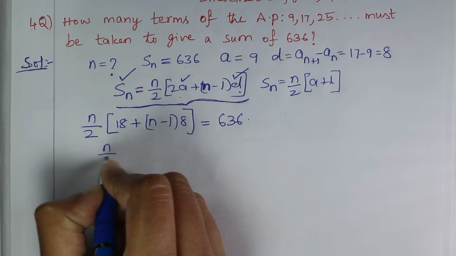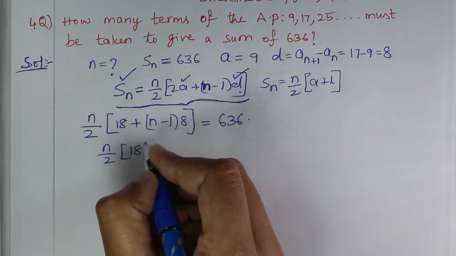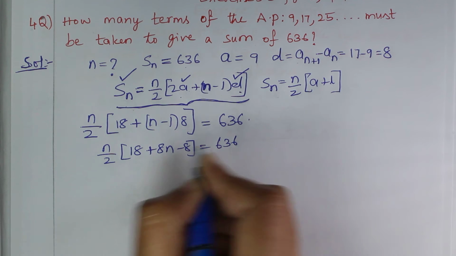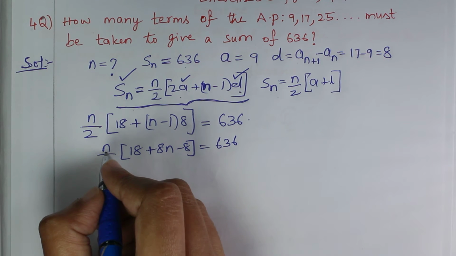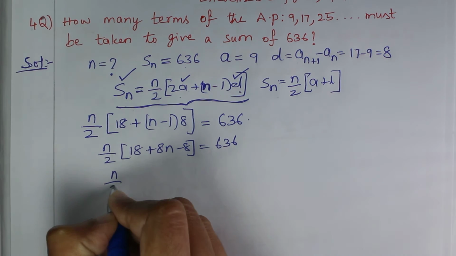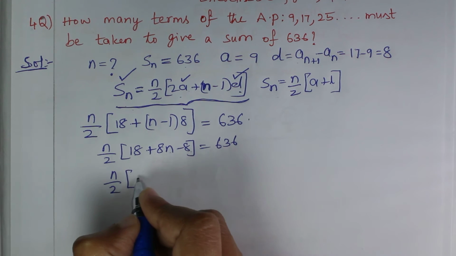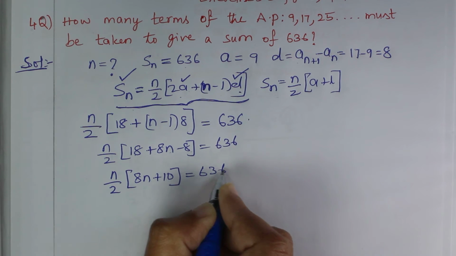Now n by 2 into 18 plus 8n minus 8 is equal to 636. So n by 2 into, 18 minus 8 is 10, 8n plus 10 is equal to 636.